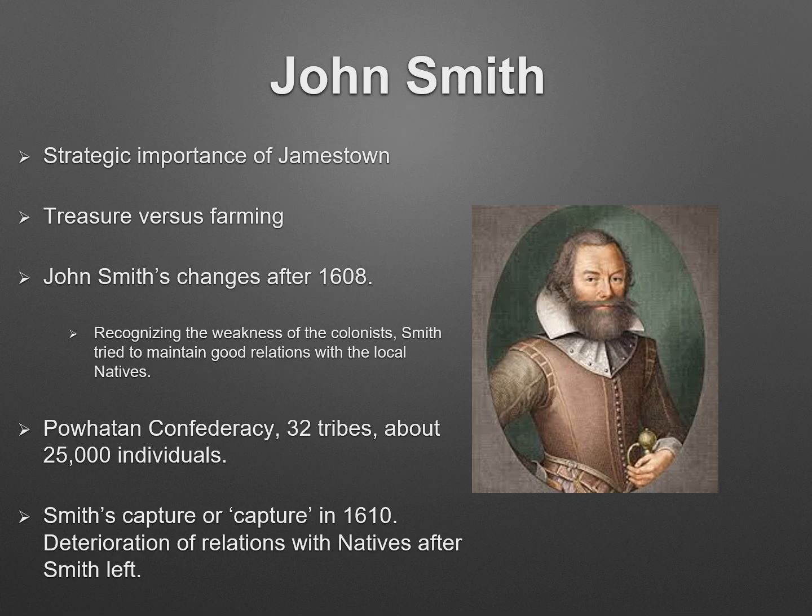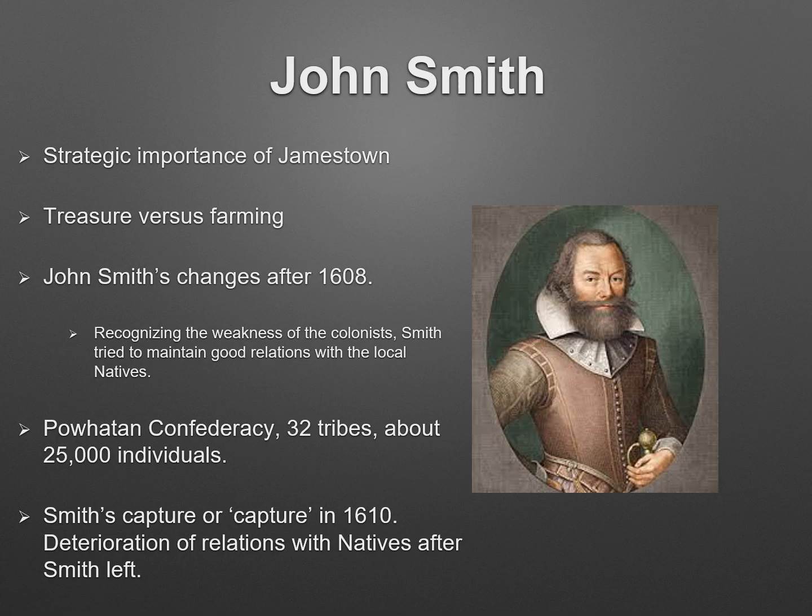This starts radically changing under the governorship of John Smith. And when he came in 1608, he made a couple very large changes to the colony. First was the idea that the old social systems no longer apply here. It doesn't matter if you came from England and were rich and were powerful and had it all going on. If you don't work, you don't eat. That's what it was.